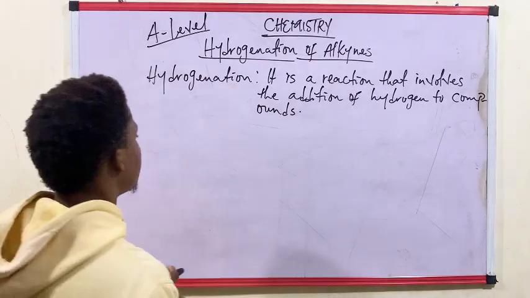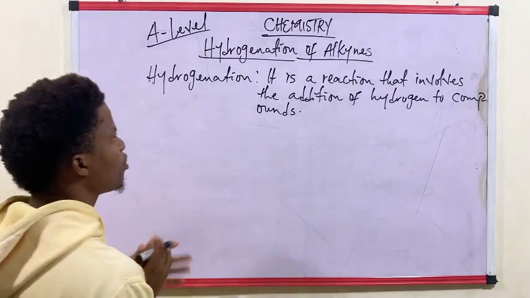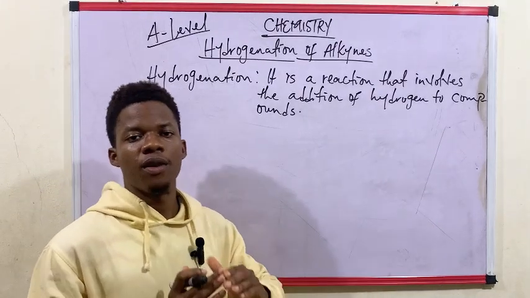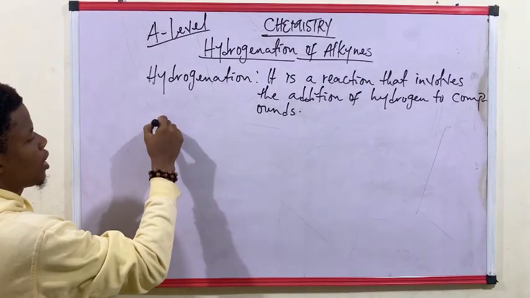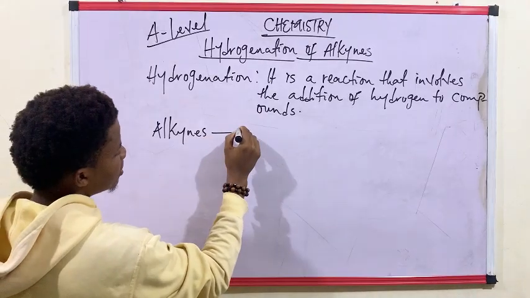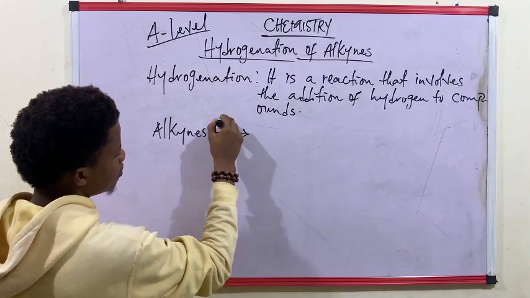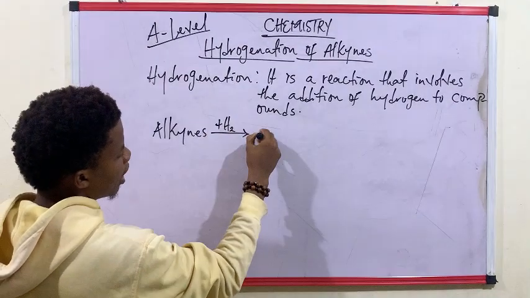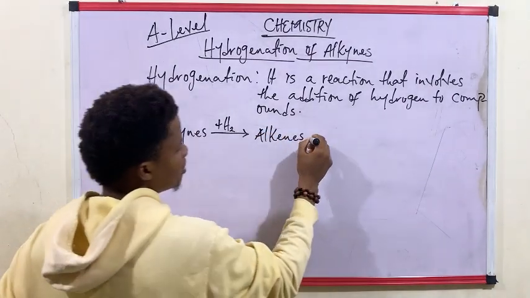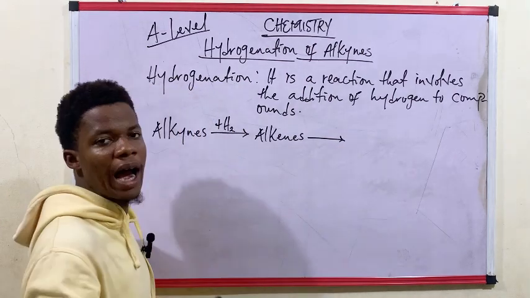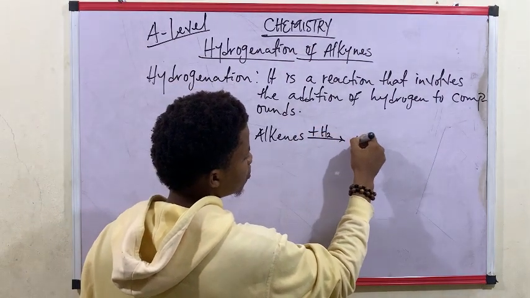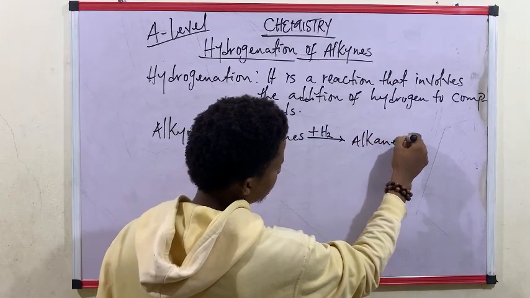Now, on a very good day, or on a normal hydrogenation process, alkynes are converted to alkenes. Then alkenes, on continued hydrogenation, are further converted to what? Alkanes.